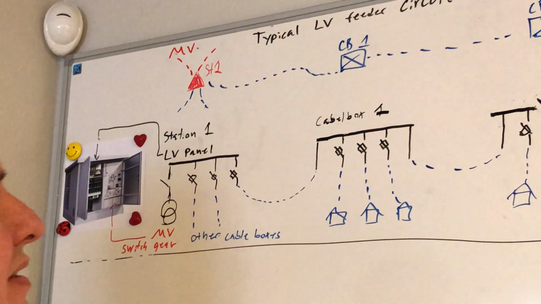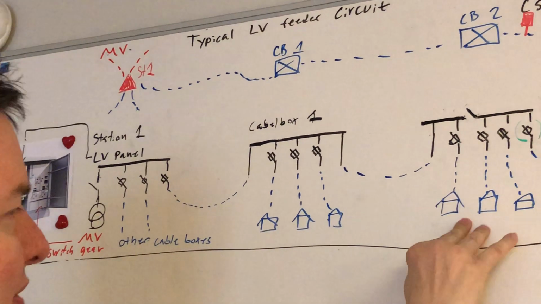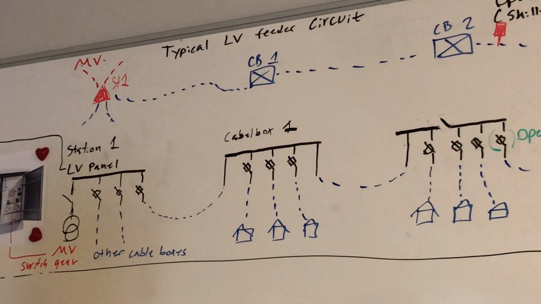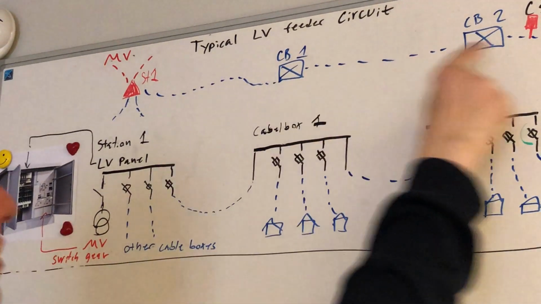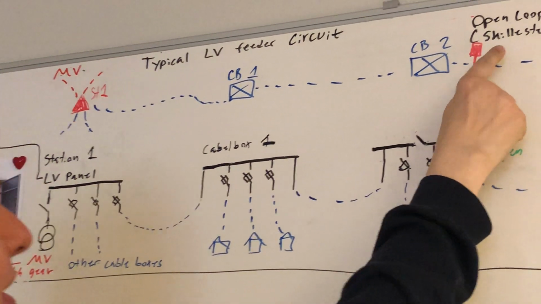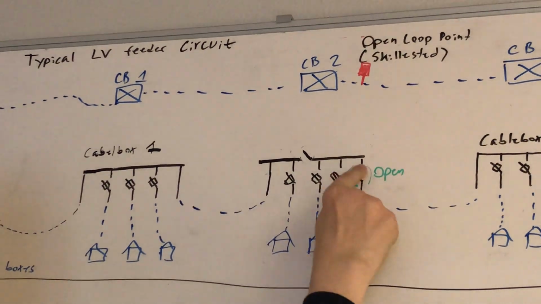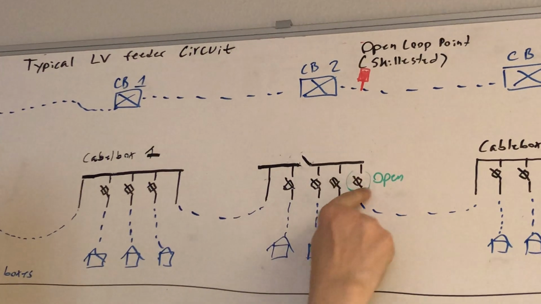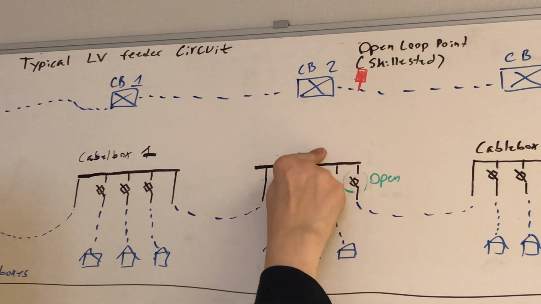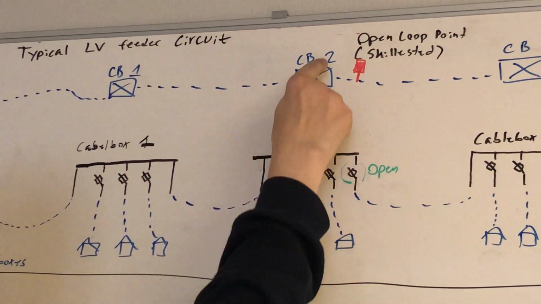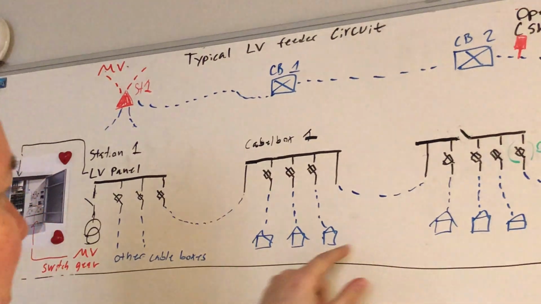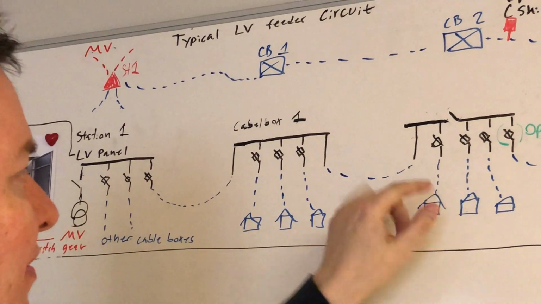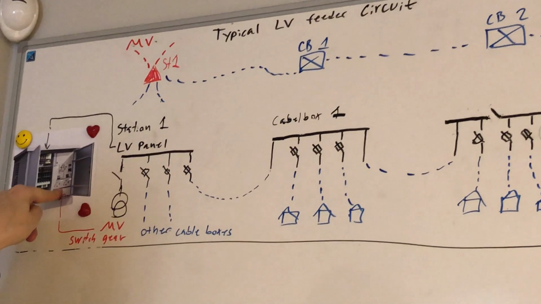The way they do it is that you cannot feed the same houses from 2 substations. That's actually very uncommon. You will always feed them from 1 substation. So somewhere here they will have what we call an open loop point, or in Danish skillested. So they will open one of these breakers. For example, if they have opened this breaker in this cabinet, called cabinet 2, then of course this, and these 6 customers here, will get fed from this substation, right?